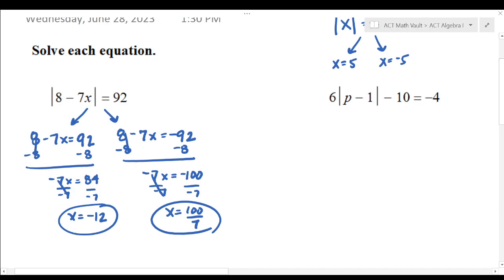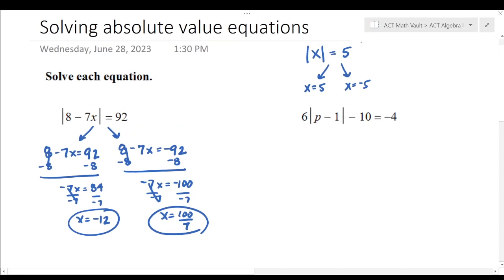Sometimes students will get that -12 and then they'll think the other answer here would be 12. We just can't confuse that with this case up here. We are solving here for just that x right there, not the whole part that is in the absolute value bars.